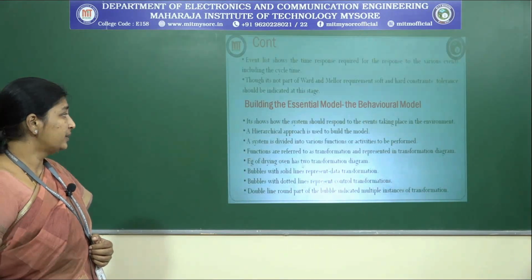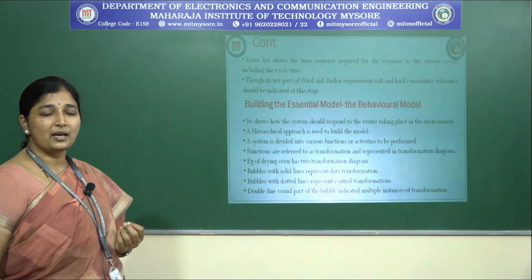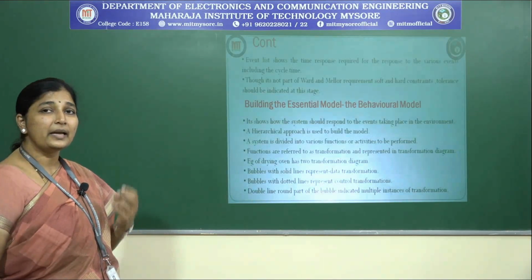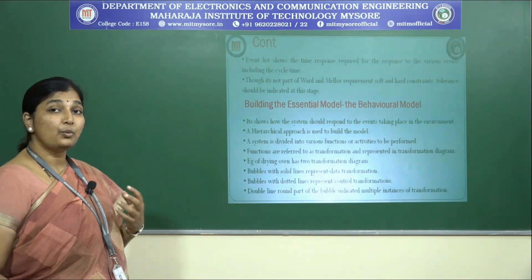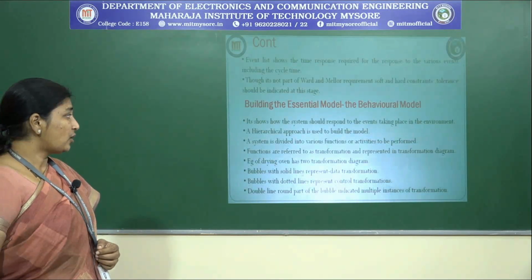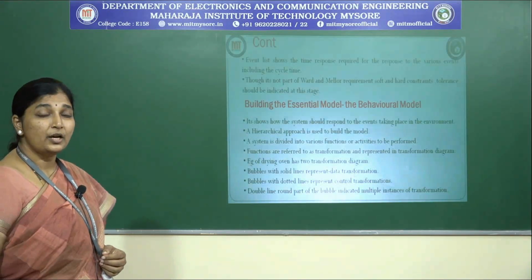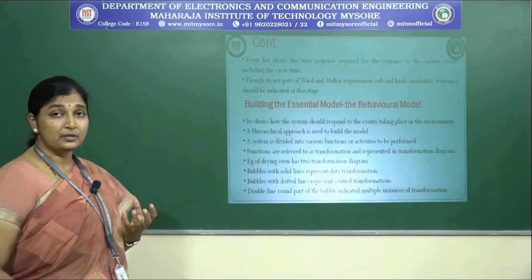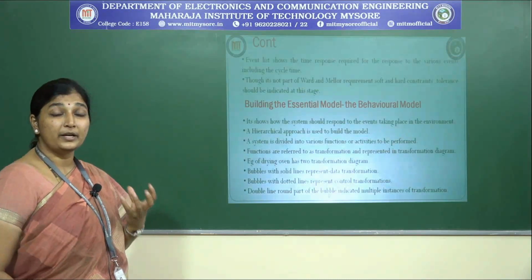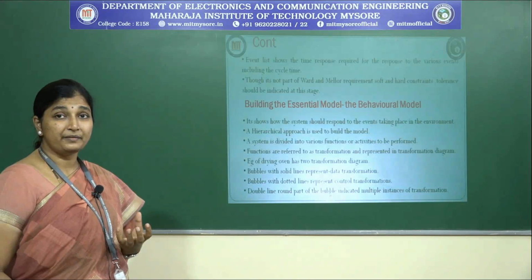So these are all the basic functions that have to be referred to for each and every activity. Example, the drying oven has two transformation diagrams. Let us know what these two transformations are. The bubbles with solid lines represent data flow or data transformation. A bubble is nothing but the process that you're going to define, right?